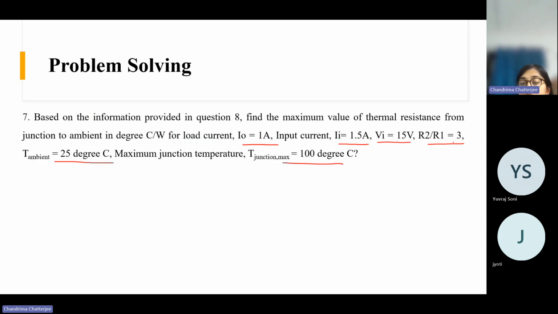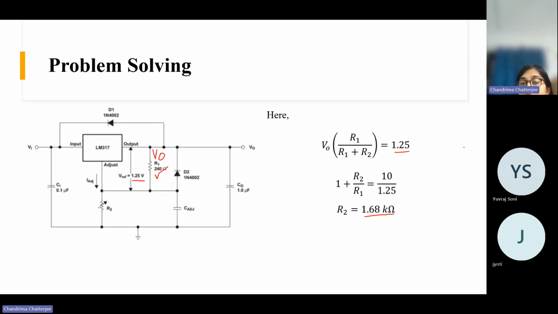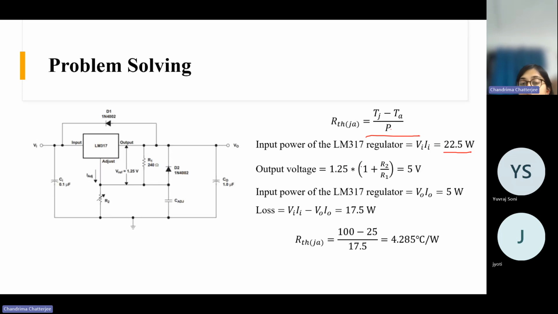Output voltage we can calculate because this voltage is again 1.25 volt and they have given the ratio R2 by R1 as 3. So like we calculated in the earlier question, here we can find the output voltage, right? Which is 1 plus R2 by R1 times 1.25. So this comes out to be 5 volt.